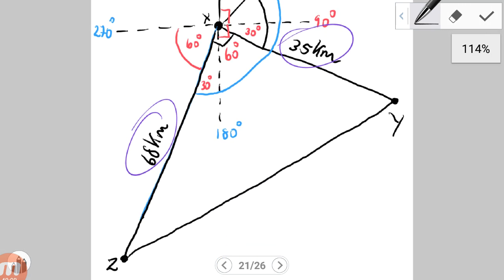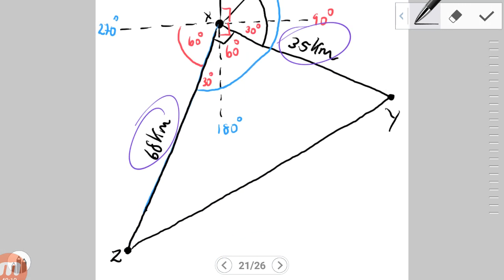What that means for us now is that we're not going to be using the cosine rule. We're actually going to be using the Pythagorean theorem, because the diagram we're looking at may not have indicated in the initial stage that it is a right angle triangle, but based on the numerical values of the degrees, it works out that this here is 60 and this here is 90.